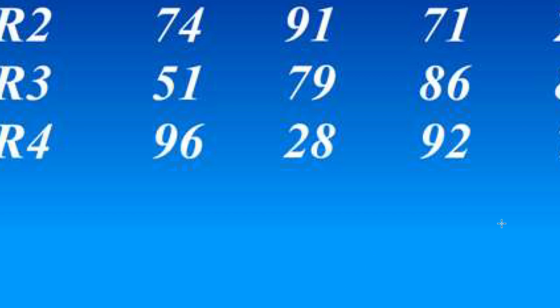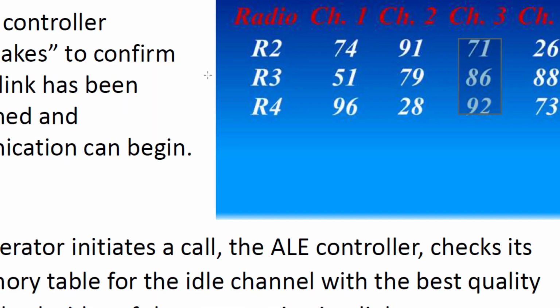Channel 3, perfect. Why is that? Because they're more consistently high instead of being high on one end, like R2 and R4 are fairly high on channel 1, while R3 is low. Yeah, it's consistently average. The radio wants to be fair to everyone and give you the best consistently average.